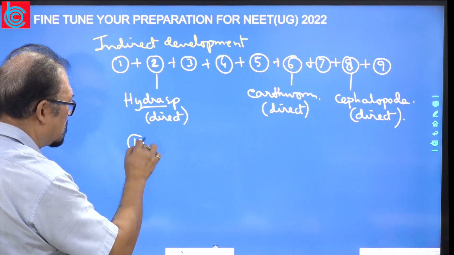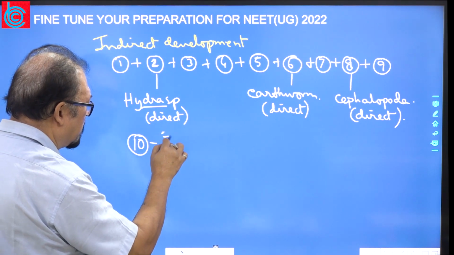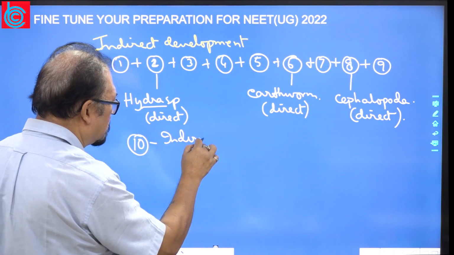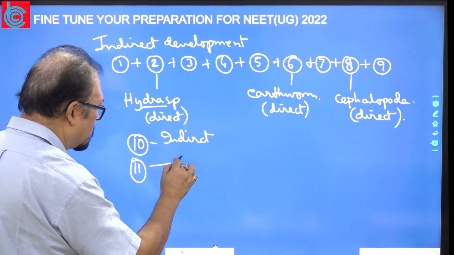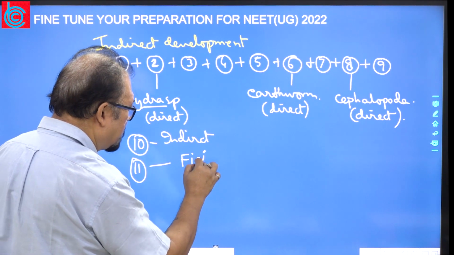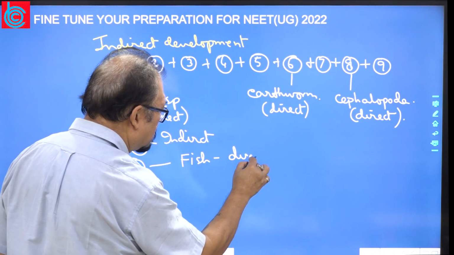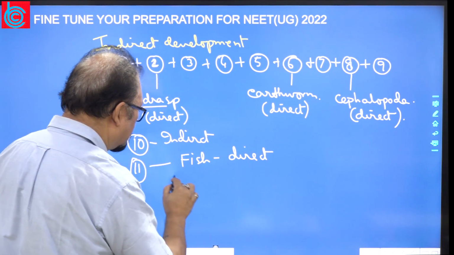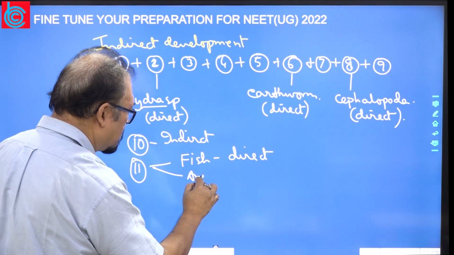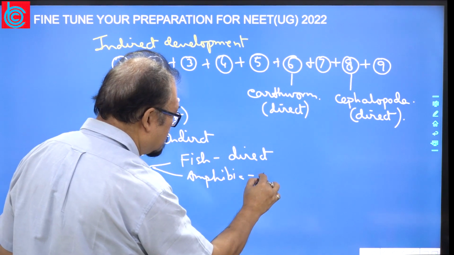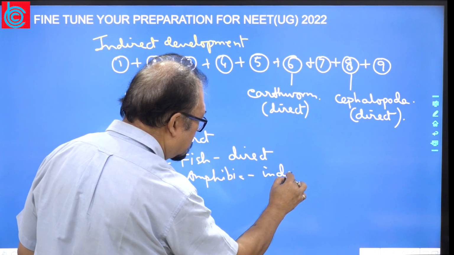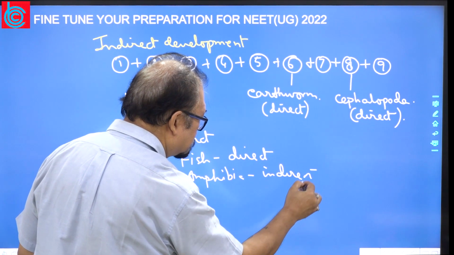Hemichordata, indirect. And when we are seeing the Chordata, fish, direct. Amphibia, indirect.